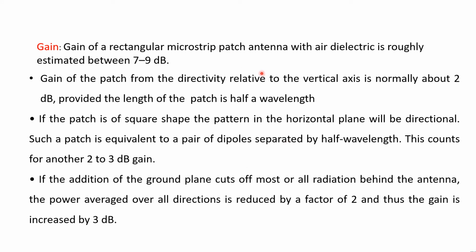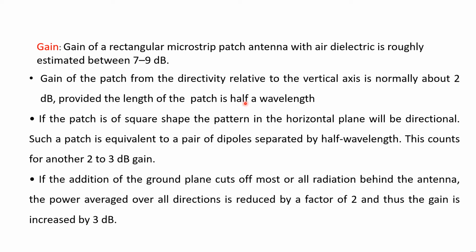Now next parameter is gain. Gain is usually around 7 to 9 dB. Considering the following things, the gain of the patch from the directivity relative to the vertical axis is usually around 2 dB. If the length of the patch is half a wavelength, and the patch is of square shape, then the pattern will be directional.